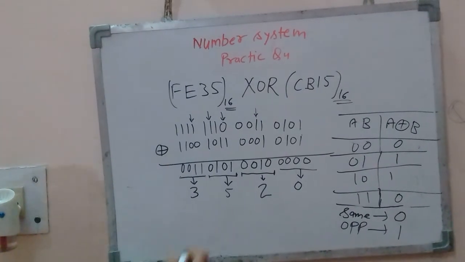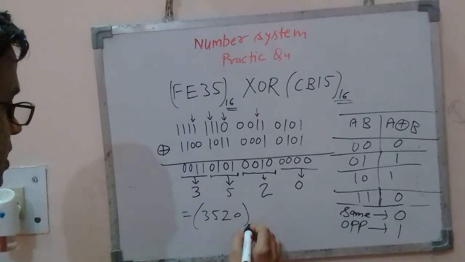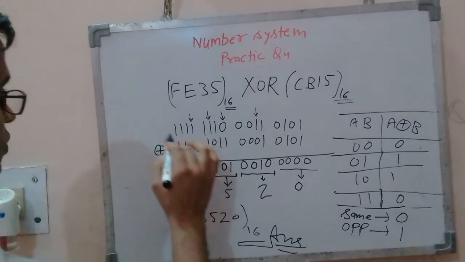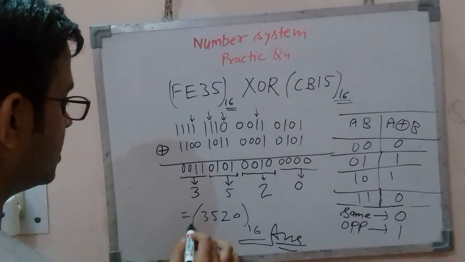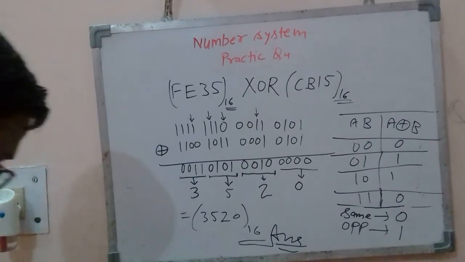So what is the answer? Your answer is 3520 in hexadecimal, right? So this is the answer. When you XOR this number with this number, you will get this 3520, right? Okay, this is the answer.